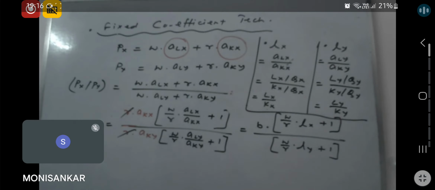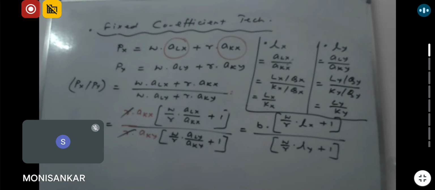Our objective is to check that when your w by r rises, in the previous case, previous means in the physical definition, we checked when K by L rises, then the impact on Px by Py. Because at that time, your target was production, Qx by Qy.